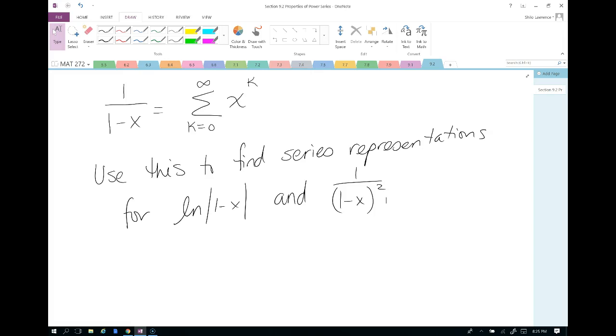Now neither one of these involves the three properties we just talked about, where we were adding or subtracting, multiplying by a power of x, or doing a composition.